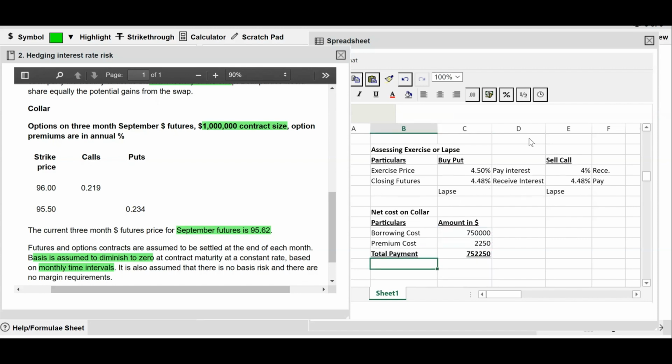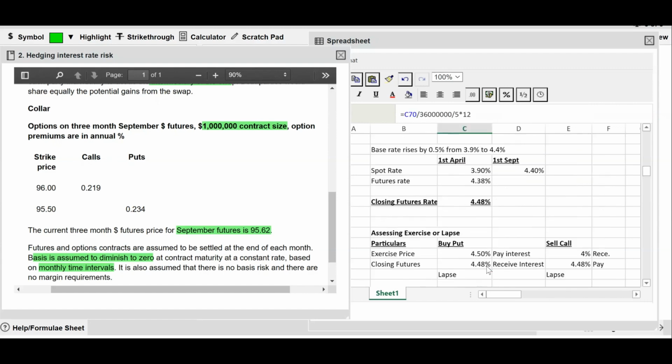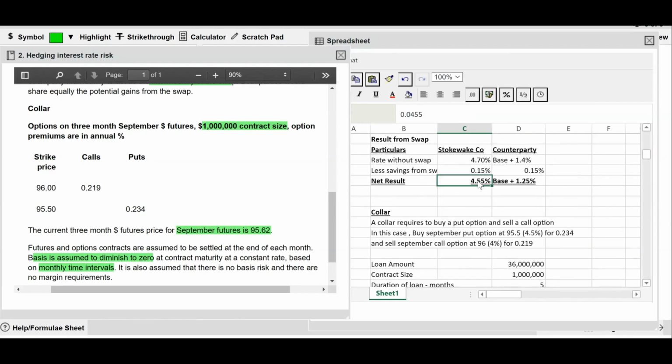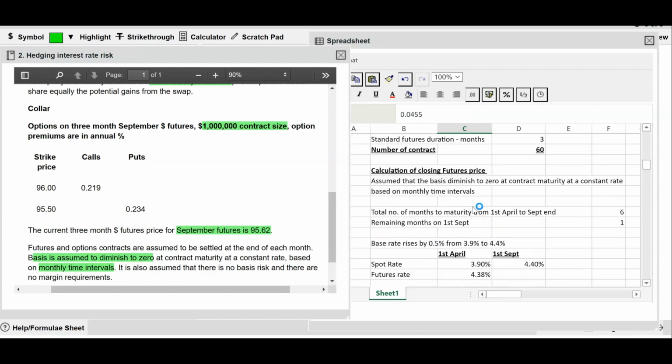And when we try to find out the annual interest rate, or the cost of this, divided by 36 million divided by 5 into 12 and turning it into a percentage, the annual cost is going to be 5.2 percentage, and 5.2 percentage is higher than what we have at swap, which is 4.55 percentage.